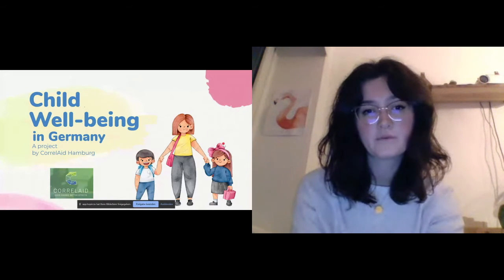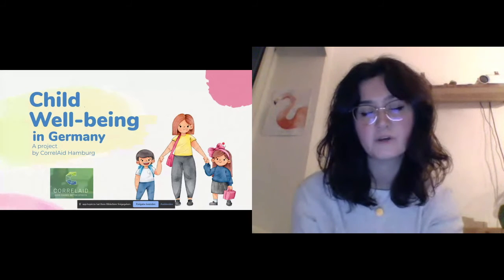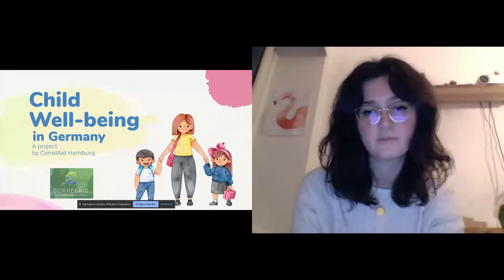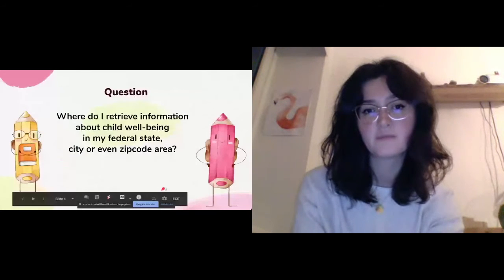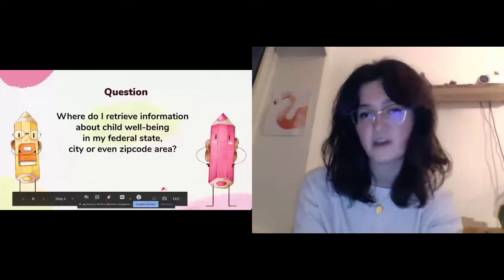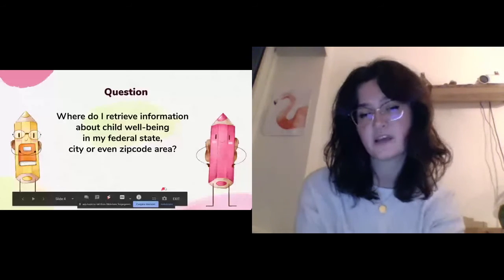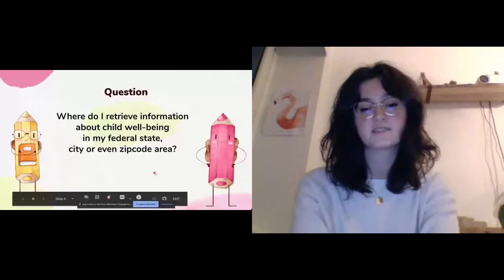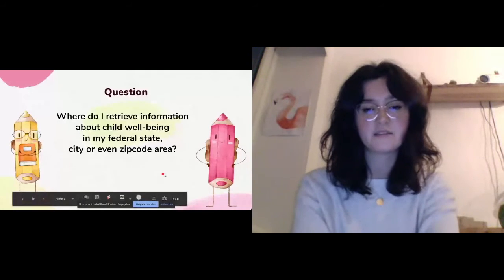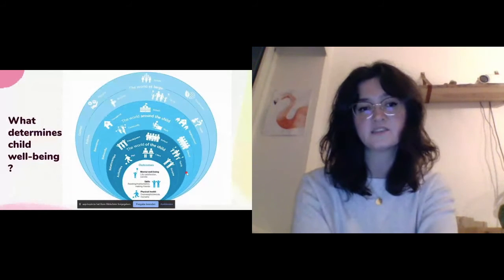So we asked ourselves, okay, this is a global ranking, but how does it look in the most proximate areas? Like, where do I retrieve, for example, information about child well-being in my federal state or the city, or even the zip code area? Wouldn't it be nice if there was one portal to access all this information combined? So first we asked ourselves, what determines child well-being?